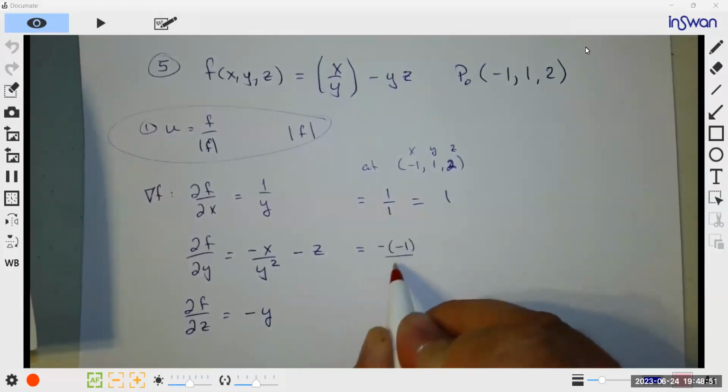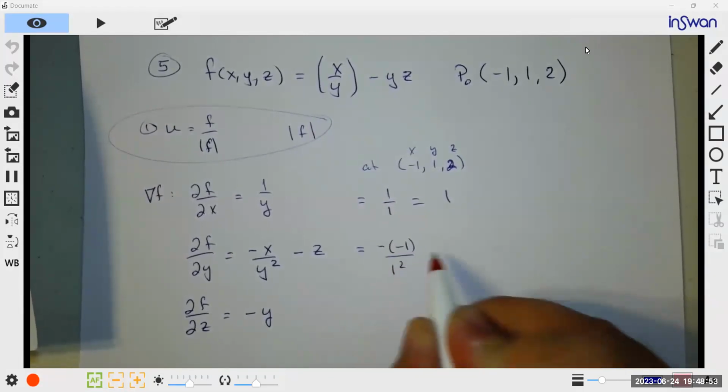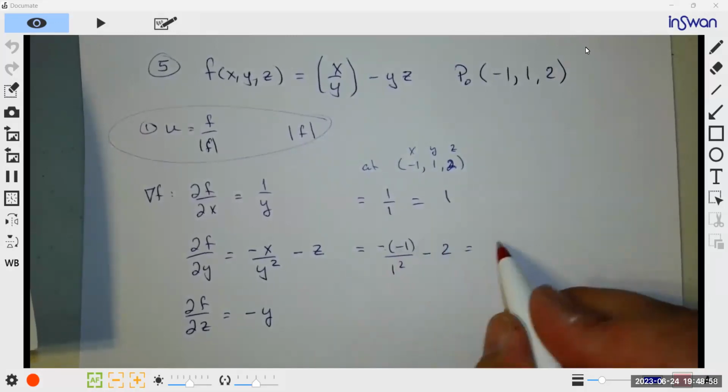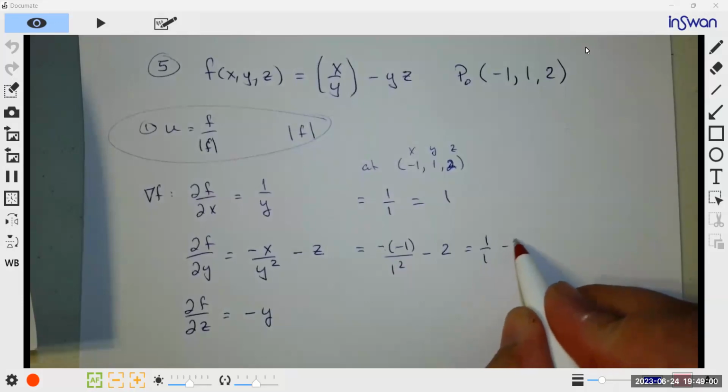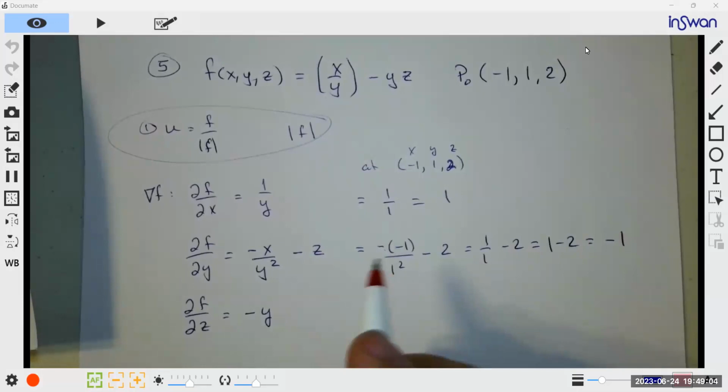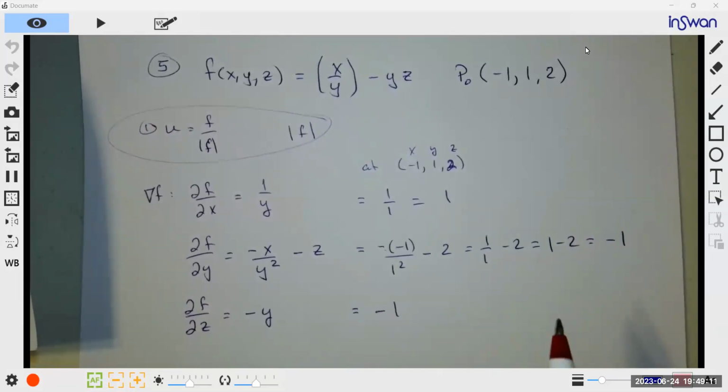Negative of a negative 1 over 1 squared minus 2. So it's a positive 1 over 1, which is negative 1. And then negative 1.